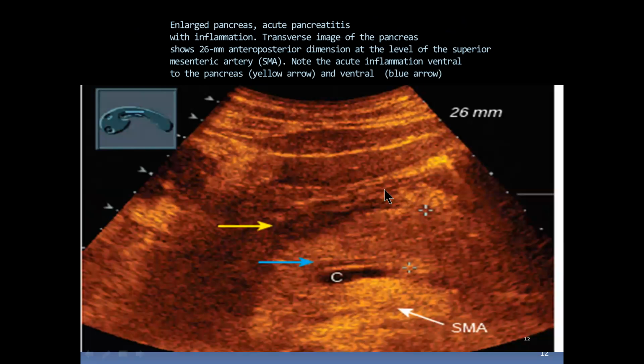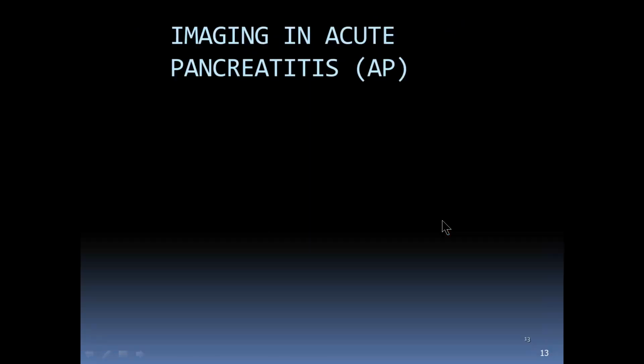This is again a case of acute pancreatitis where there is inflammation and there is fluid collection superior to the pancreas.